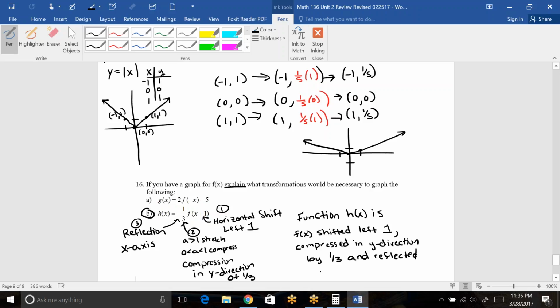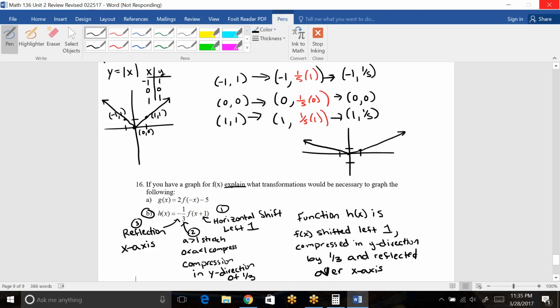Now if your wording is not the same as mine, that's not the end of the world. The big thing I'm looking for is correct descriptions in the correct order from the order of operations. So if you don't use the words exactly the way I do, if you say it's a y compression of 1/3, that's still the same thing. You're just saying it with different syntax. So make sure you know what the transformation actually means and write it in the order of closest to x, working your way out.